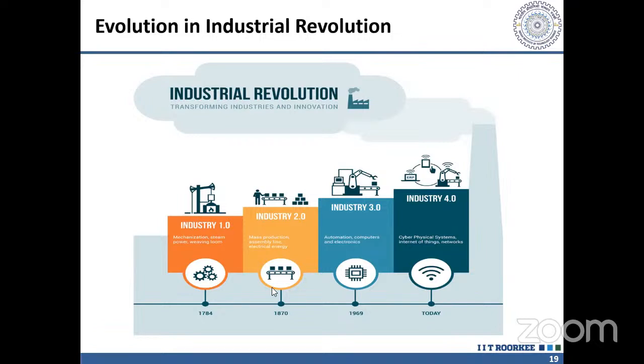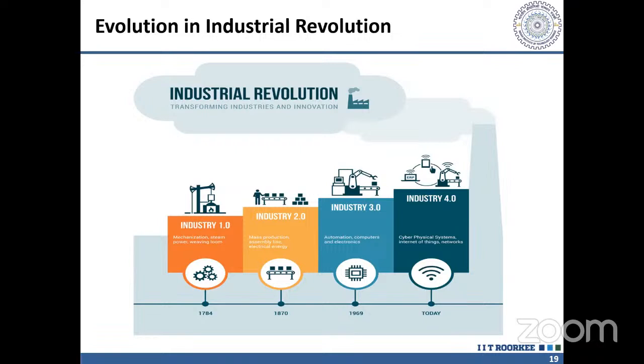So Industry 1.0 began in the 18th century with the advent of mechanized production, and it was started with a German company, where water and steam power were used to power machinery in textile mills and other manufacturing facilities.